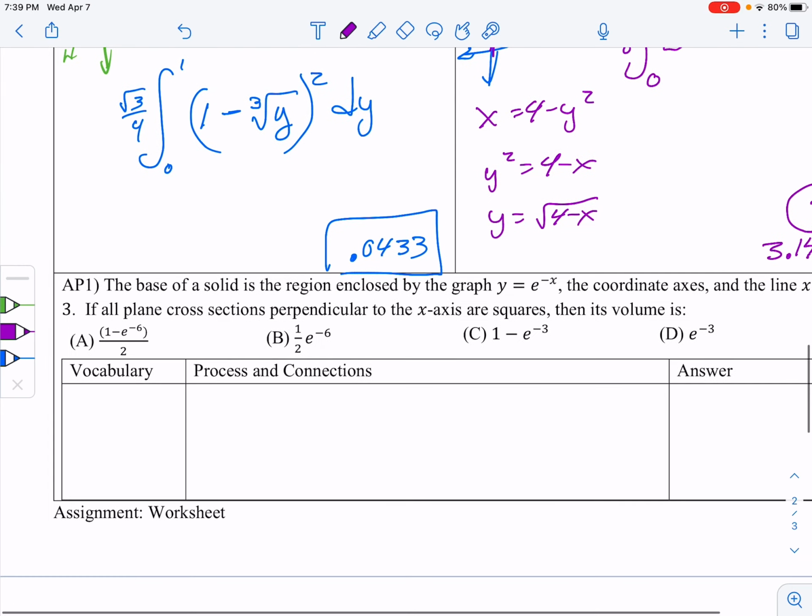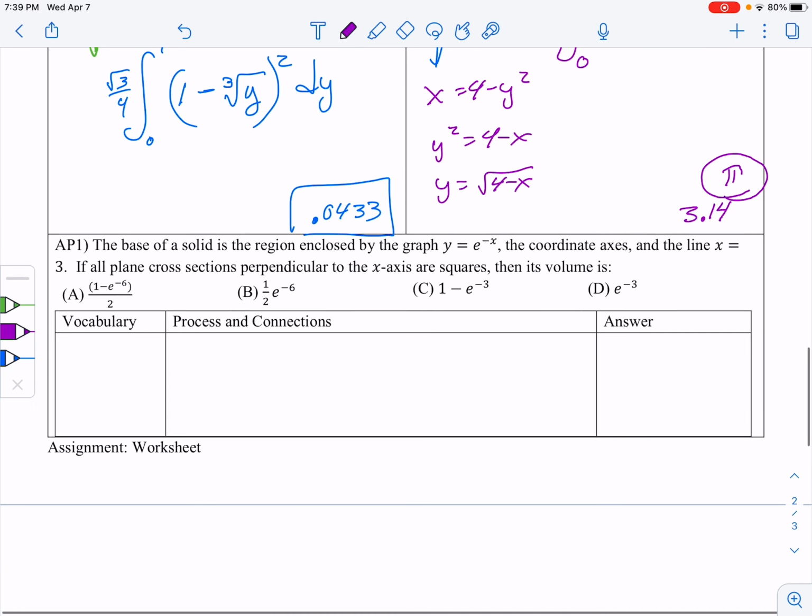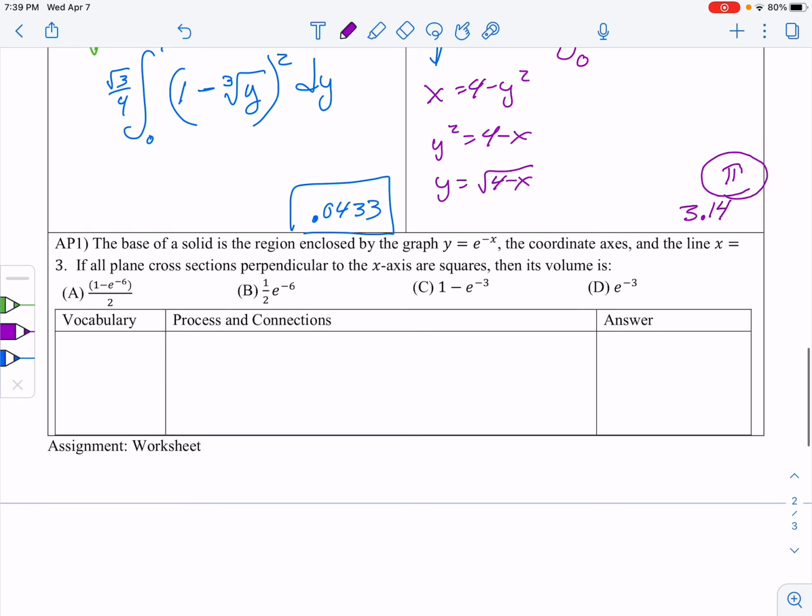Okay. Last one. Enclosed by e to the negative x, the coordinate axes, the line x equals 3. So I graphed this baby. E to the x goes this way. E to the negative x. The line x equals 3 is here. And it says the axes, so it's here and here.